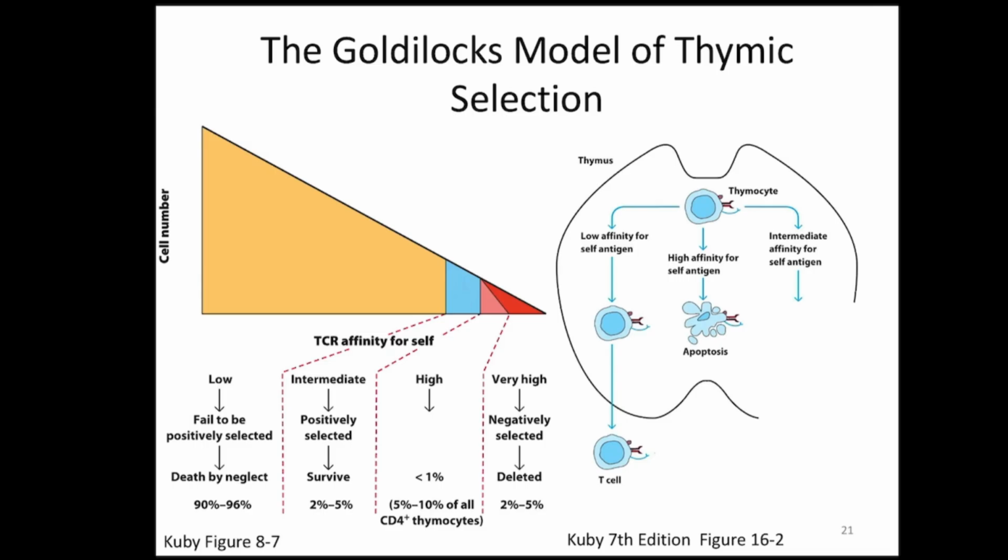And so you can see if we have our cell that has a really high affinity for antigen in the thymus, it's going to get deleted. You can also see from these images and from my way of writing this, there is sort of this fourth thing of what happens if you have not all the way strong, but sort of medium strong.